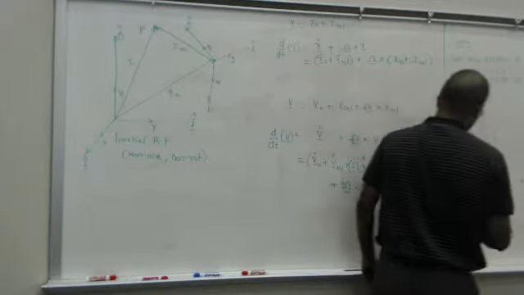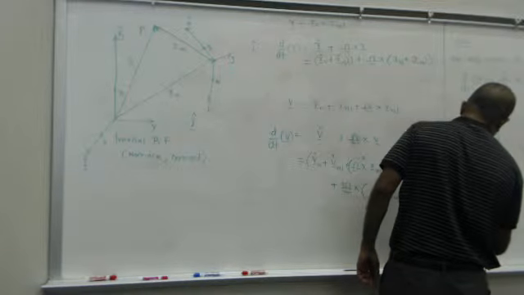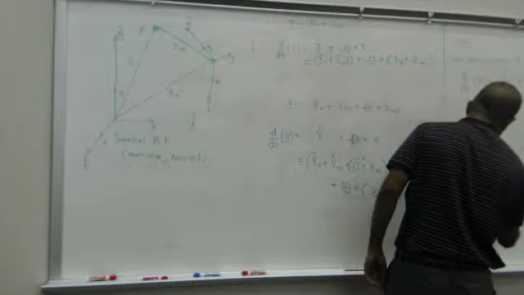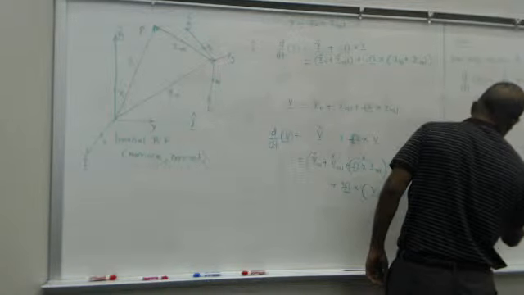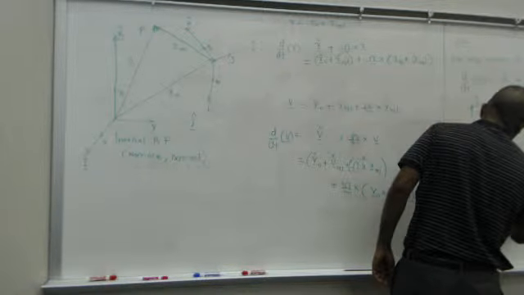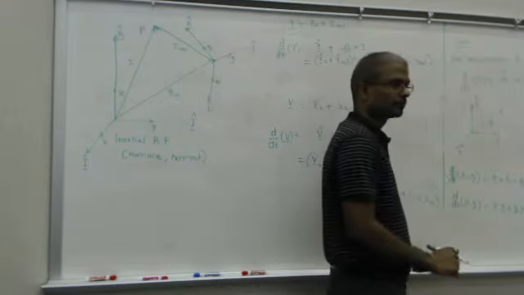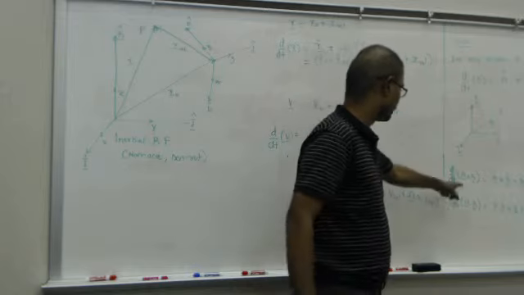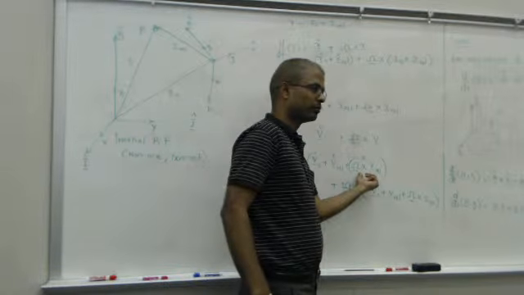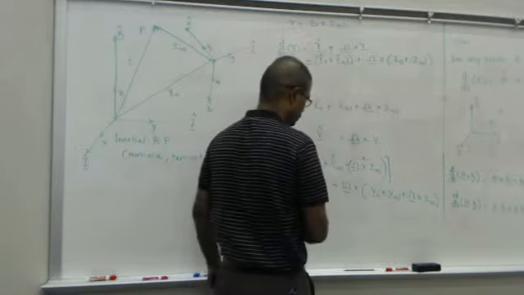Okay? And d over dt of A dotted with B is just A dot B dot plus B. No. So we want to apply this over here. It's getting confusing.